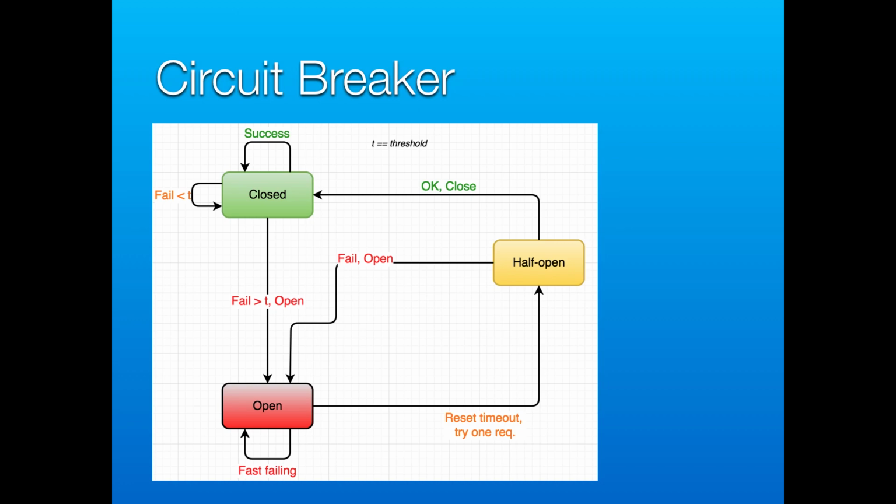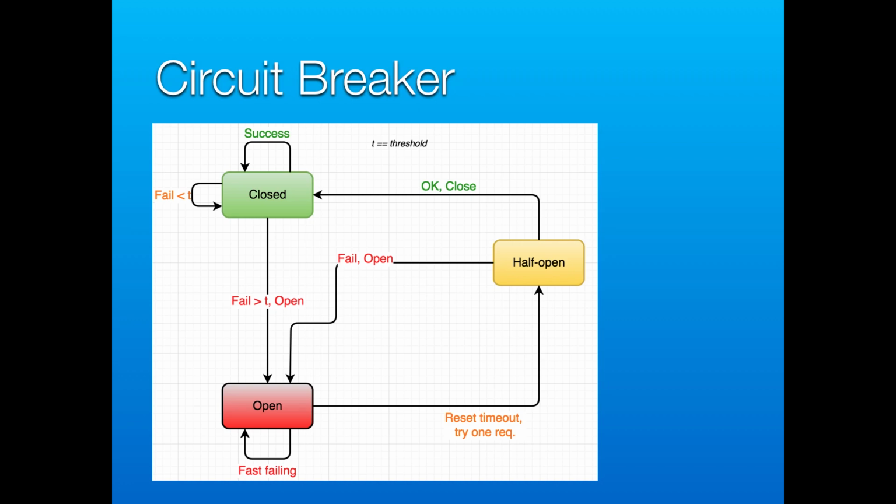So if a request comes in and succeeds, then the circuit stays closed, and you continue in this loop. But if requests come in and start failing, it starts counting them. If once in a while you have a failure, it's okay, it tolerates that, and you still go back to closed.